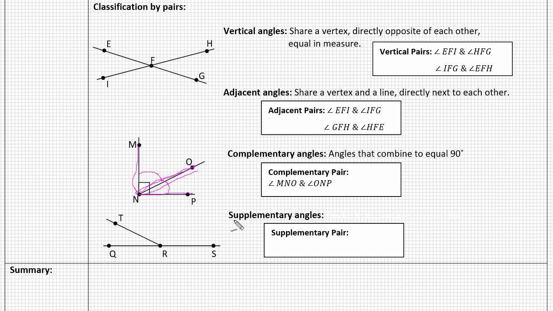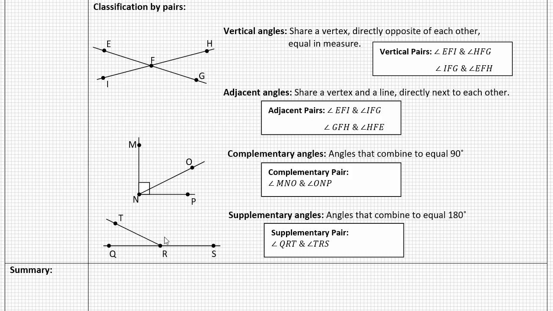And our last vocabulary word is supplementary angles. Let's talk about that. Here's a diagram right here. Supplementary angles are angle pairs that combine to equal 180 degrees. So notice here's that straight angle that we talked about above. It's QRS, makes a straight line, meaning it's a straight angle, and measures 180 degrees.